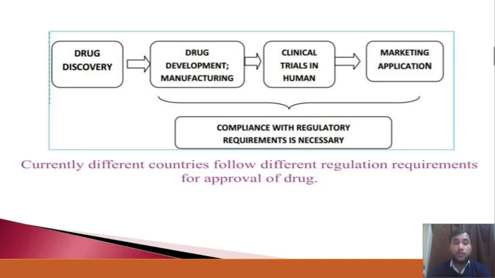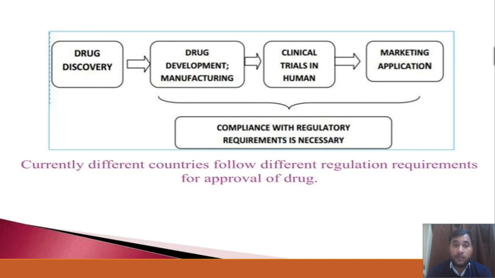When a company discovers a new drug, it needs to develop or manufacture the drug. After that, it needs to test the drug on humans in clinical trials. Finally, it needs marketing permission, or permission to sell the drug in the market.